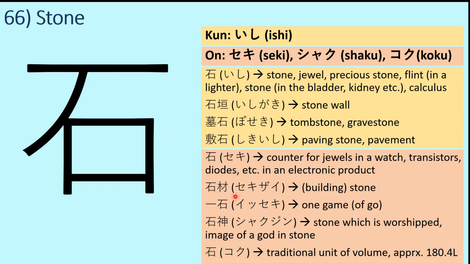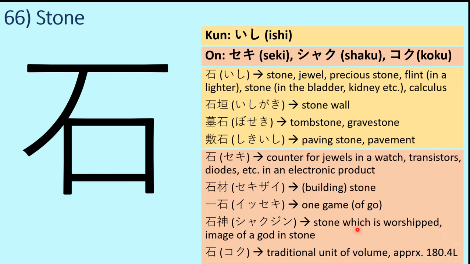Then we have sekizai. Sekizai means a building stone. Then we have isseki, which means one game of Go. Then we have shakujin, which means stone which is worshipped or the image of a god in a stone.